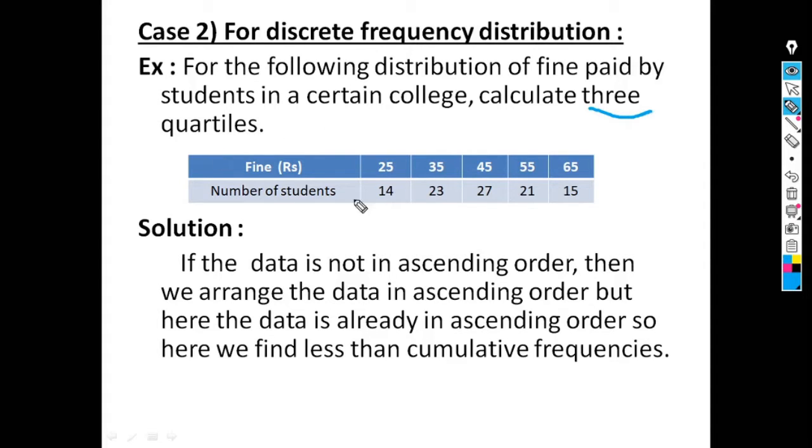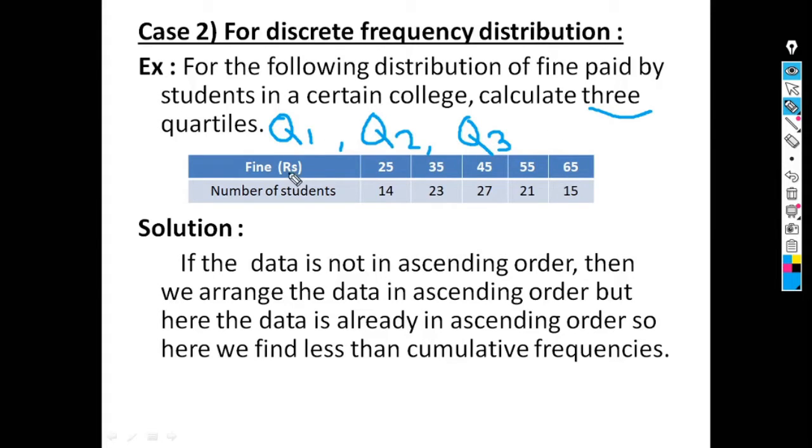For the given data we have to calculate the 3 quartiles, that is Q1 first quartile or lower quartile, then Q2 second quartile or median, and then Q3 upper quartile or third quartile.